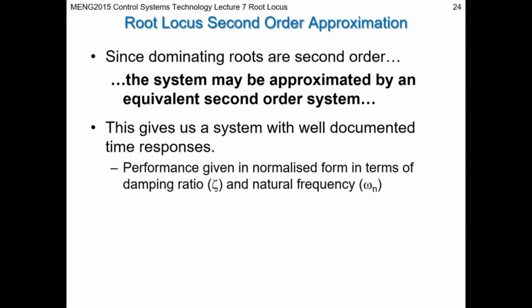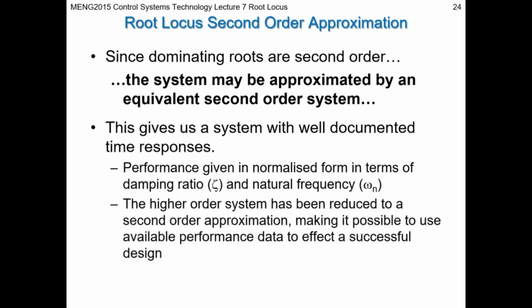Because if we're dealing with a second order system, then we can express the behavior of that system in terms of a damping ratio and natural frequency. And we're getting familiar with the concept of a damping ratio and a natural frequency to describe the system. We're about to look at how the damping ratio and natural frequency correspond to the position of those dominant second order roots.